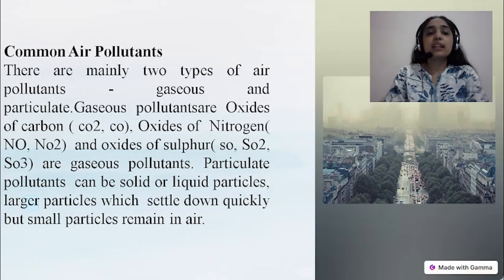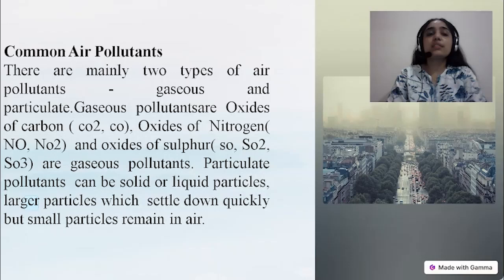Particulate pollutants can be solid or liquid particles. Larger particles will settle down quickly, but small particles remain in the air. So there are two types of common air pollutants: first is gaseous and second is particulate.